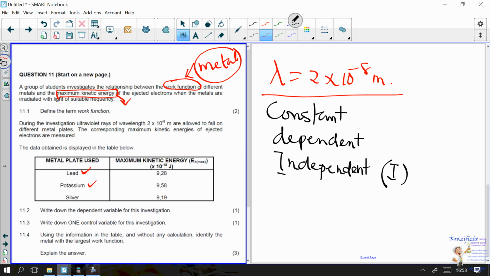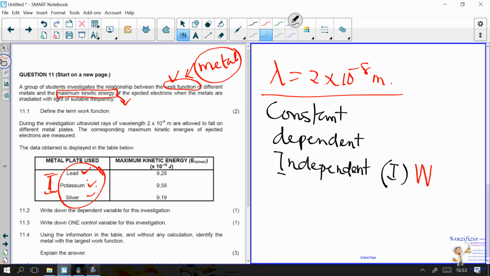Then I changed potassium into silver. I changed all of this, which means that the metal becomes my independent variable. But I will not write metal. What am I really changing when I change the metal? I am changing work function. So my independent variable is the work function.